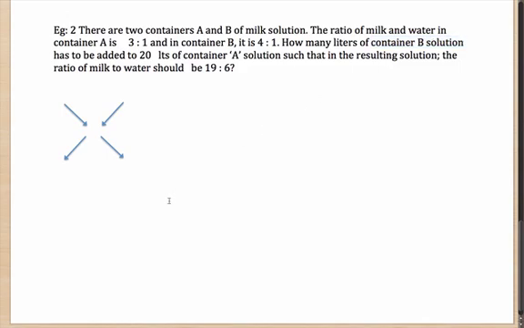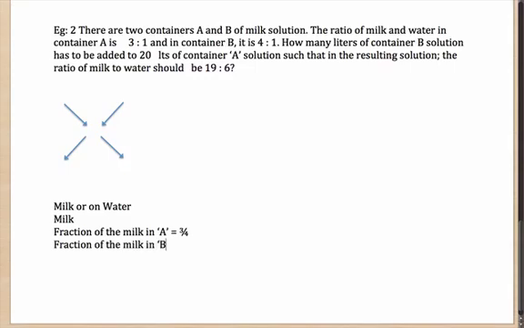For this, the first thing you need to do is figure out what quantity you are applying alligation on. You can apply alligation either on milk or on water. Let's say I apply the alligation on milk. What is the fraction of milk in container A? In A, the fraction of milk is 3/4. The fraction of milk in B, where the ratio is 4:1, is 4/5.